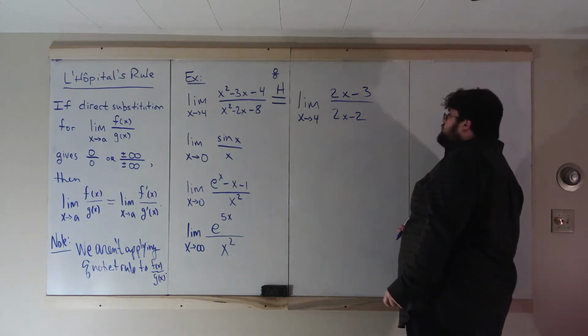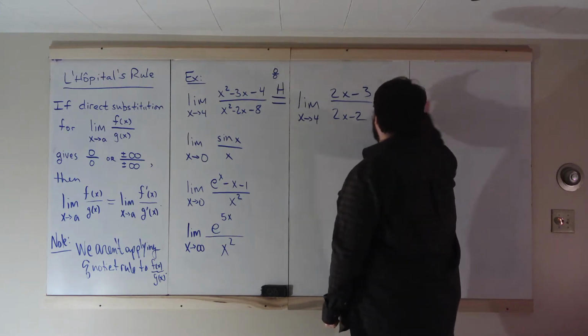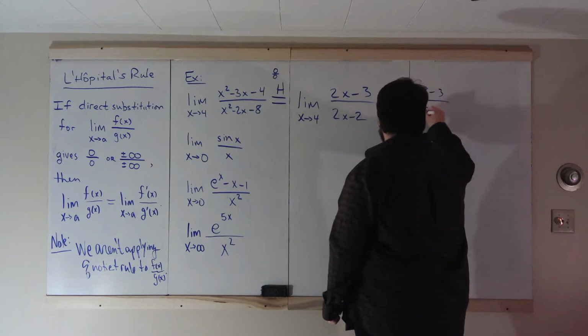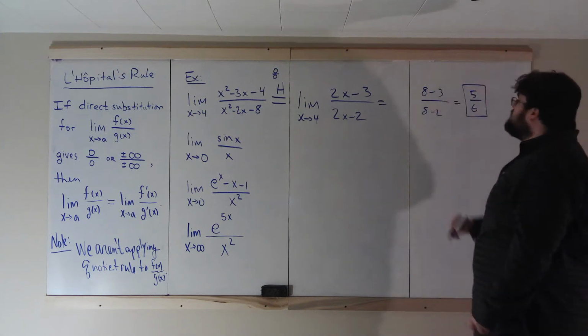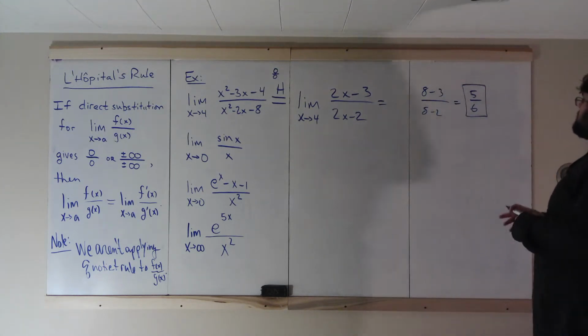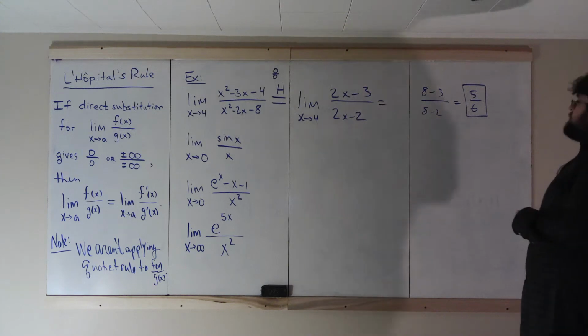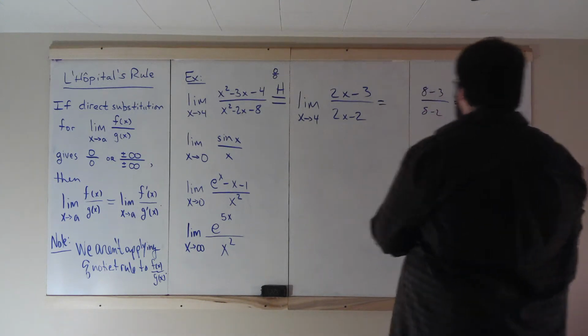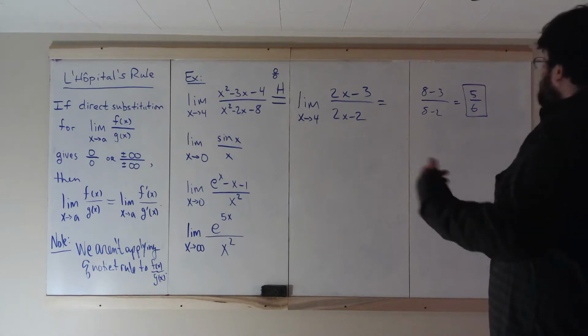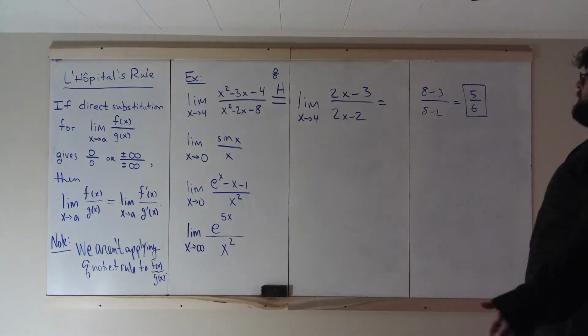Well, can we substitute here? We get 8 minus 3 over 8 minus 2, 5/6. So that's okay. I guess that factored as x plus 1 over x plus 2, and then both had an x minus 4. So we use L'Hopital's rule to compute a limit.